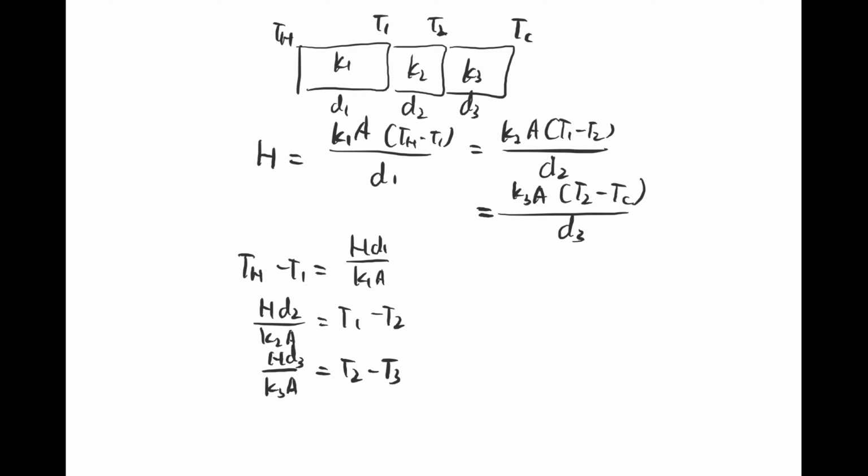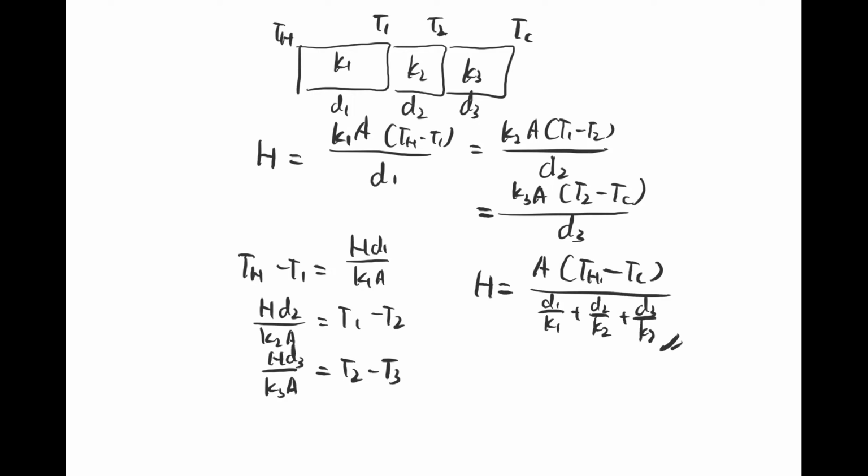If we add them together, then the T1, T2 cancels out. So what we have is H equals to A. I'm just going to fast forward this because it's just meaningless mathematical computations. So that's it. Basically, that's the heat current.